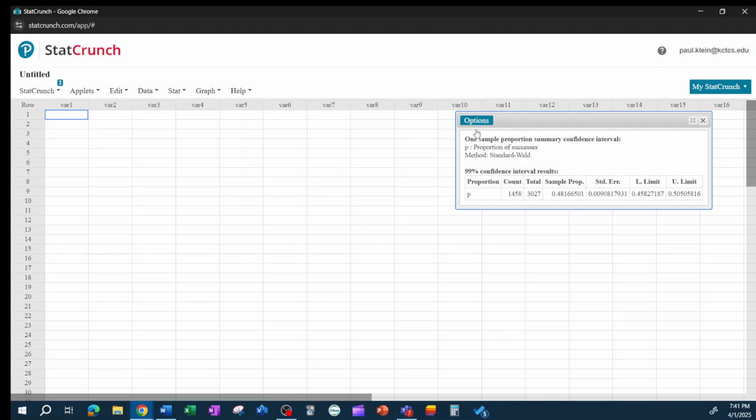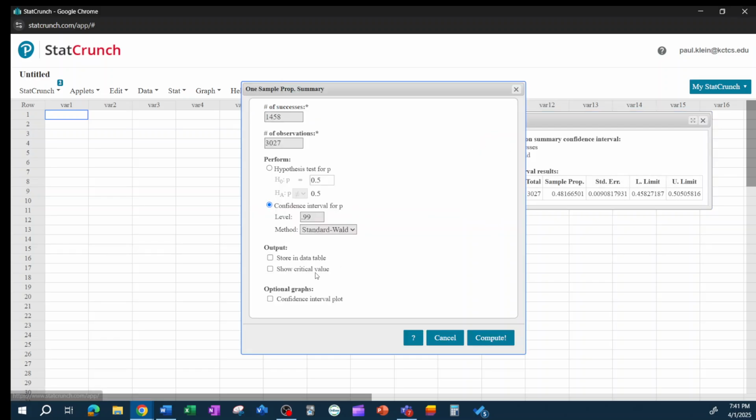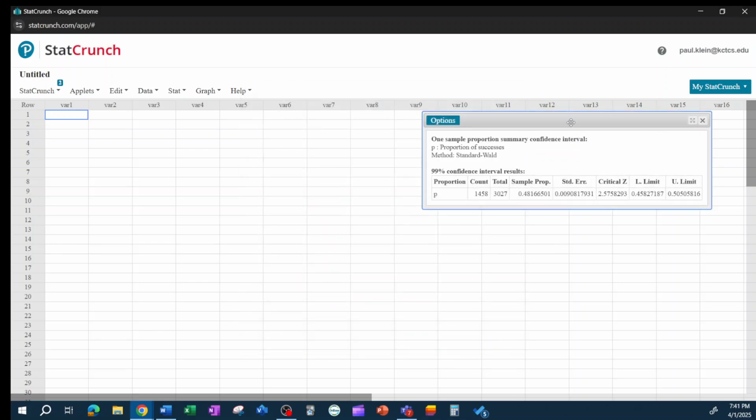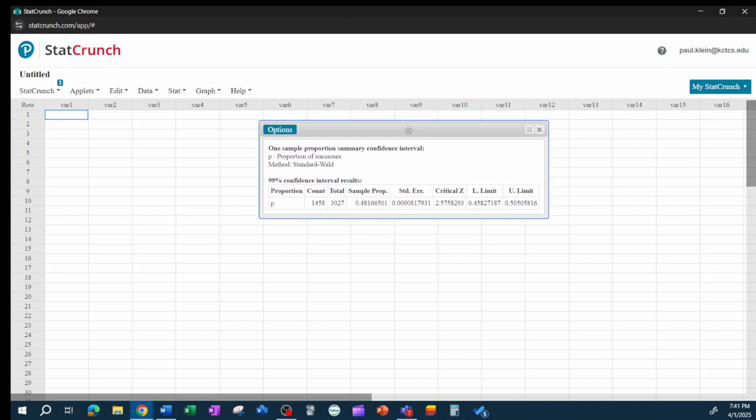Oh, and let me do something here. Show critical value. The critical value is the 2.576 that I had there. And there's your confidence interval right there, the lower limit and upper limit. So that's another way you can do it.